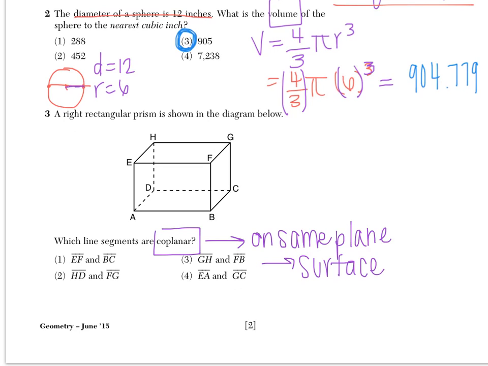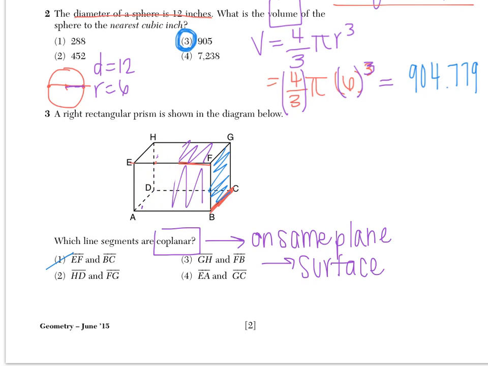So here it says that EF and BC are what we're looking for. Now you can see here that EF is on this front plane. It's also on the back plane, or the top plane here, but it's not on this side plane, which is where BC is located. So choice 1 is actually not our choice.